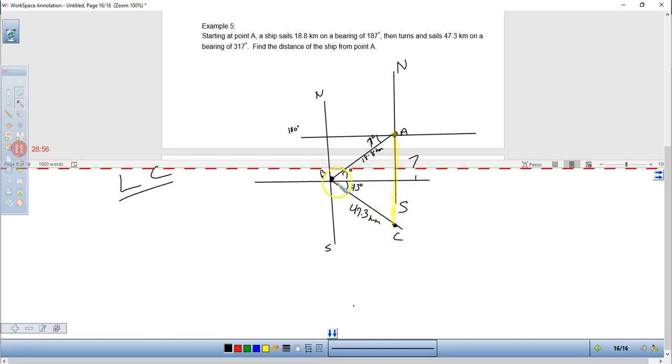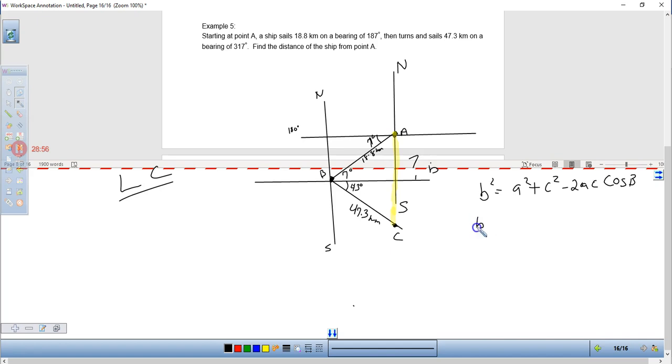Okay, so this would be little b, what I'm trying to find. That's going to be b squared is equal to a squared plus c squared minus 2ac cosine of big B. Remember, little b and big B, beginning and end.